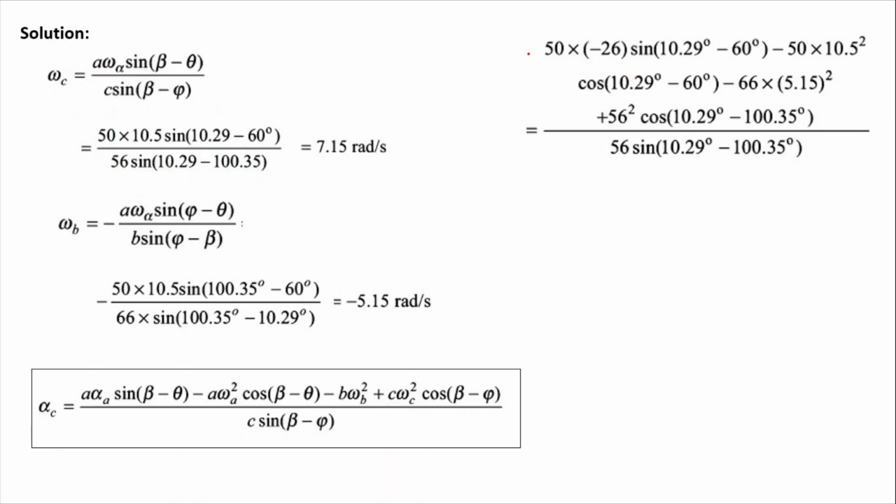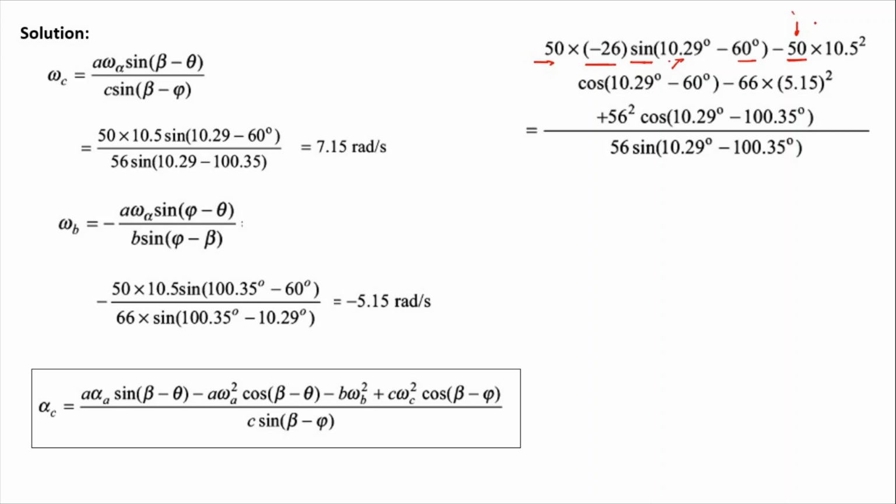Now let us calculate alpha C. So alpha C is equal to 50, that is A, multiplied by alpha A. So alpha A is minus 26 multiplied by sine of (beta minus theta). So beta is 10.29 minus theta, theta is 60 degree. Then we have minus A omega A square.